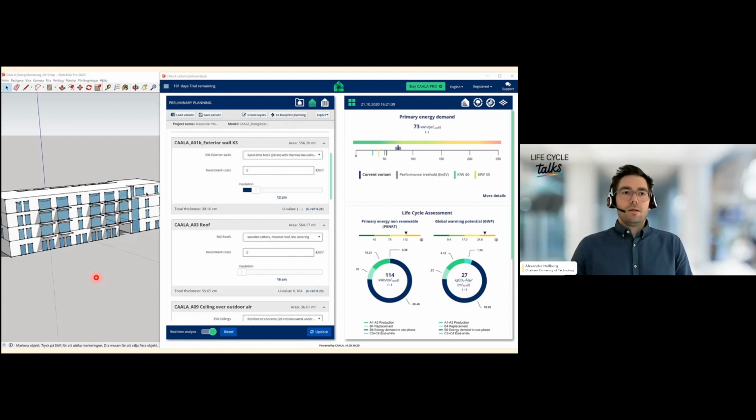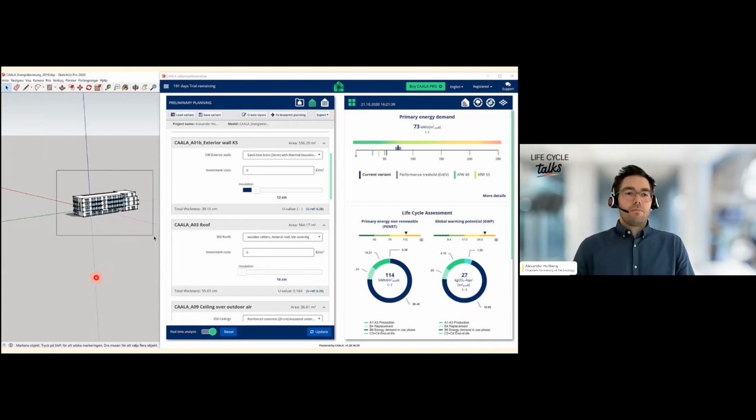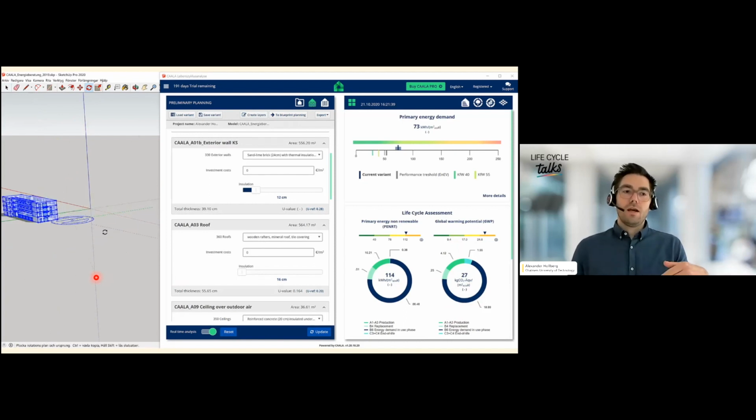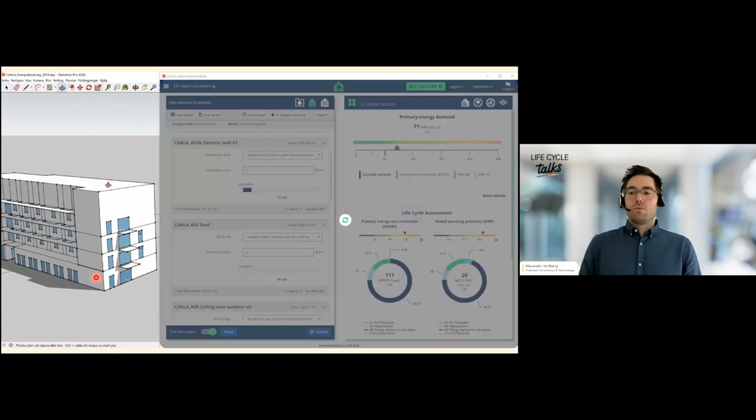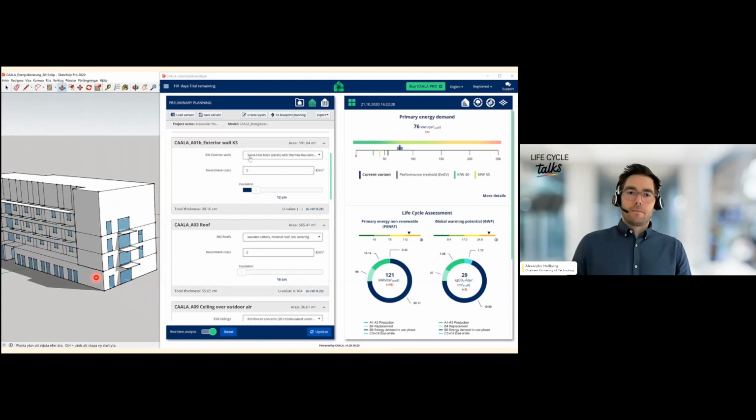And then the interesting part is now designers can start to compare different alternatives. So for example, if you rotate the building, you change the orientation, this will have an impact on the solar gains that the windows have, which will have an impact on the heating demand, and this impacts the whole life cycle. Or if you increase the volume, of course, you need more material, you have more heated volume, but also more space, and this has an impact.